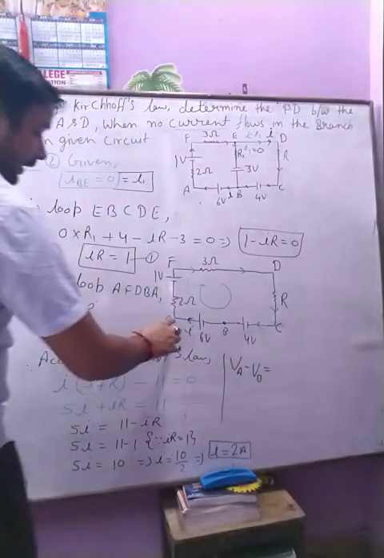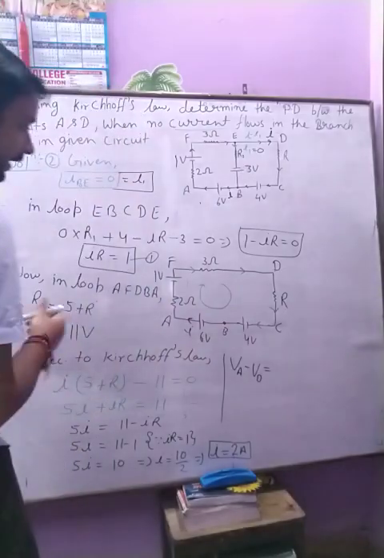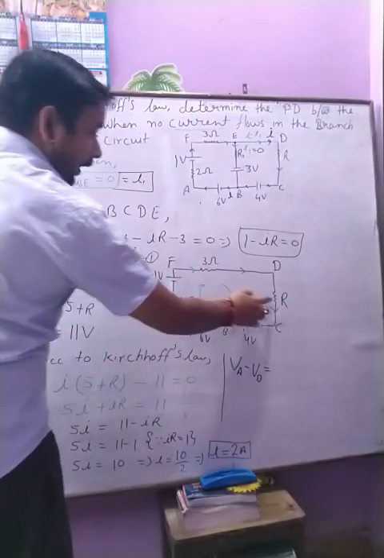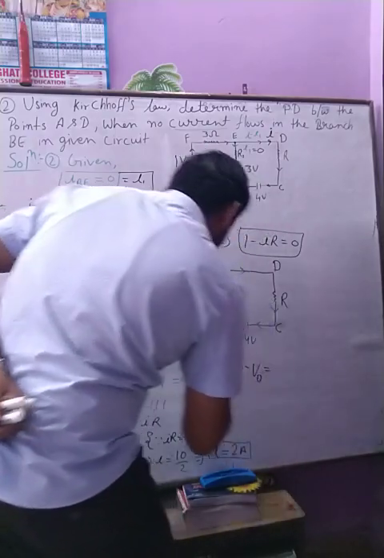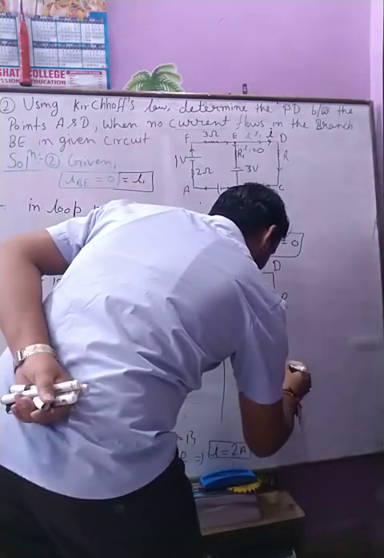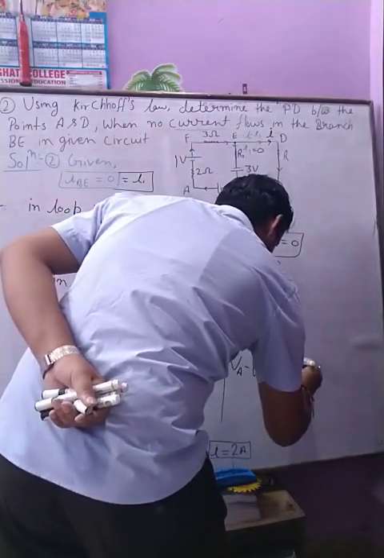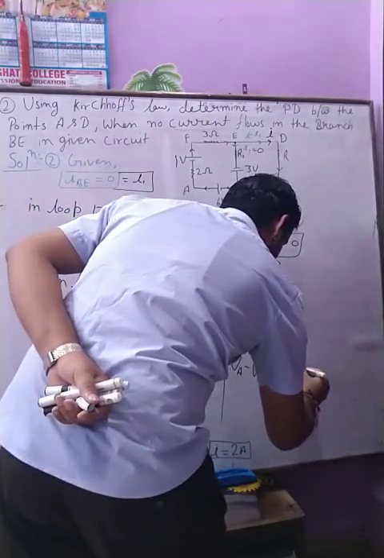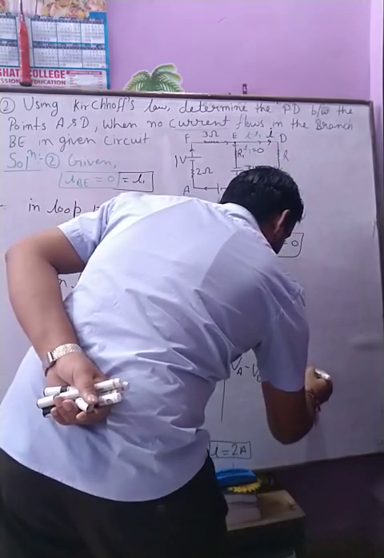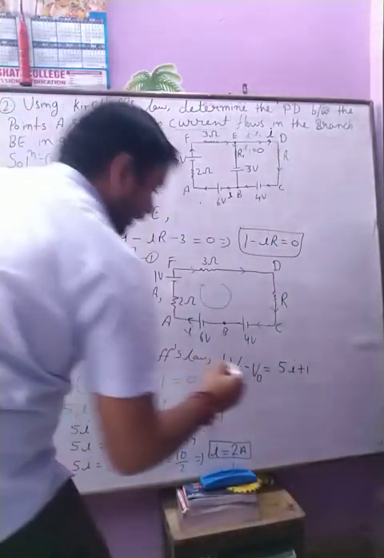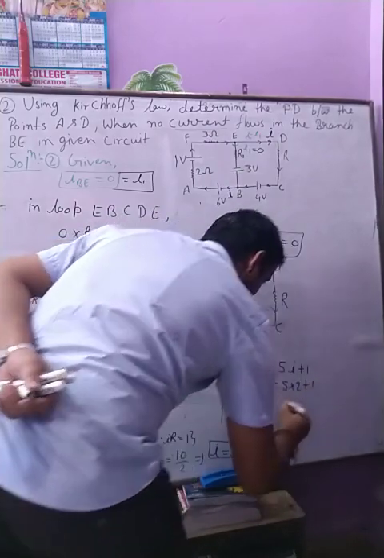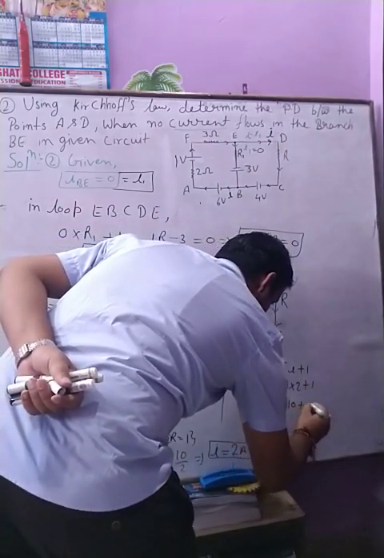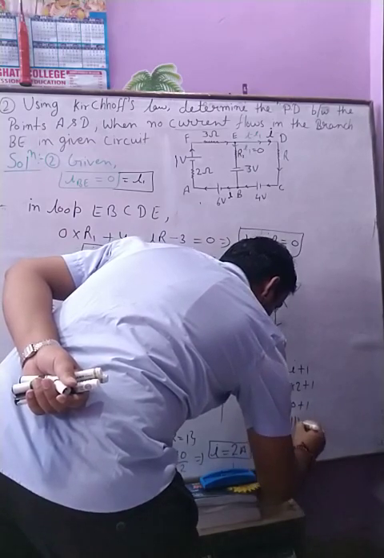So if we go from A to D, students, we have 1, 2 and 5, that is 5I plus 1, and we have 5 into 2 plus 1, which is 10 plus 1, 11 volt.